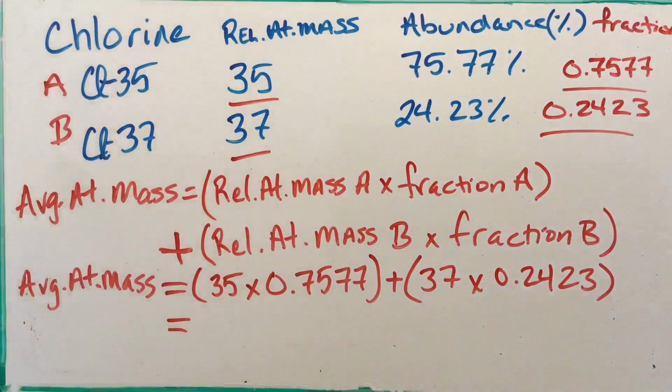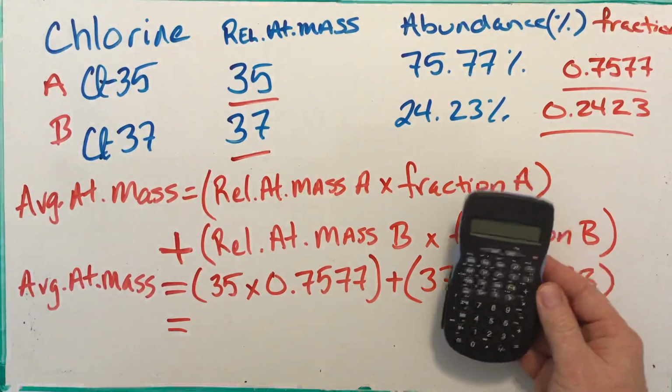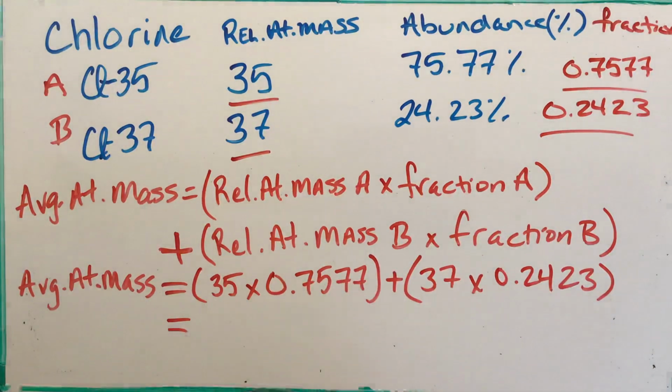The next thing I'm going to do is I'm going to take my calculator, my trusty Dollarama calculator, Dollarama, one of the best stores on earth, and we're going to multiply those. So 35 times 0.7577 equals 26.52.